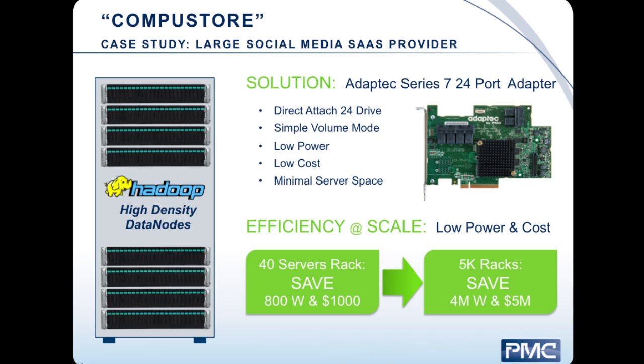And by the way, I don't really know any hyperscale data centers that have just 5,000 racks. Most people are more in the 10 to 20 to 100,000 range. So it can really get dramatic in terms of the savings when we look at the scalability impact.